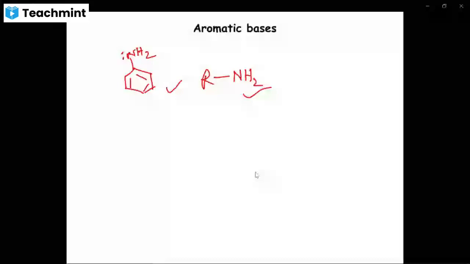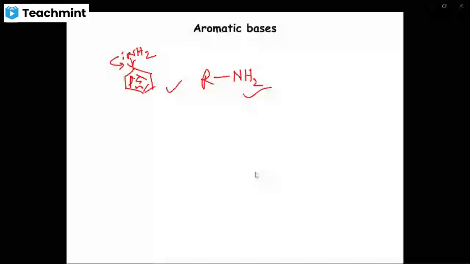Yes, yes. So you are talking about inductive effect, right? So inductive effect is there, but that is low. But the main factor here is the delocalization of this lone pair inside the ring, right?